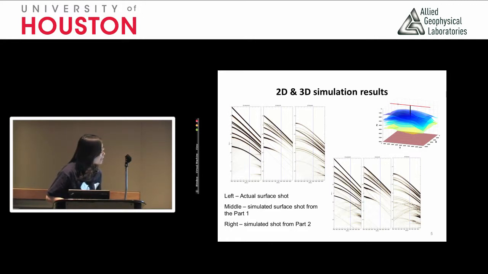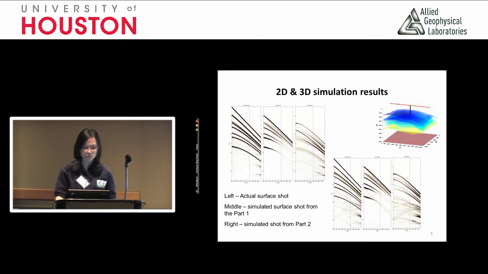There should be a blue line here, and because we separated it into two parts, one part gives better illumination before that blue line, and the part 2 gives a good approximation on the far outside receivers. Those 2D and 3D simulation results give us confidence to do this work.